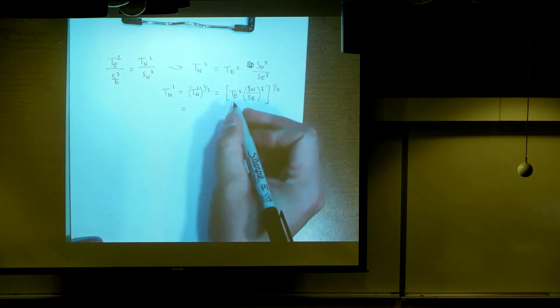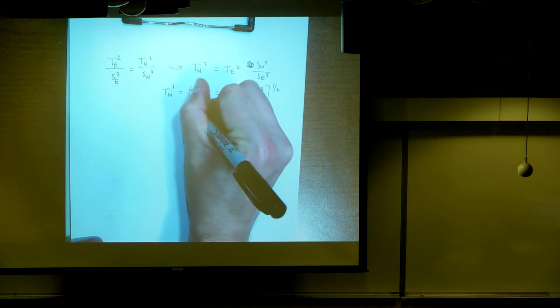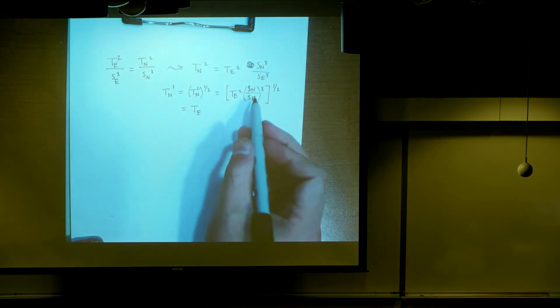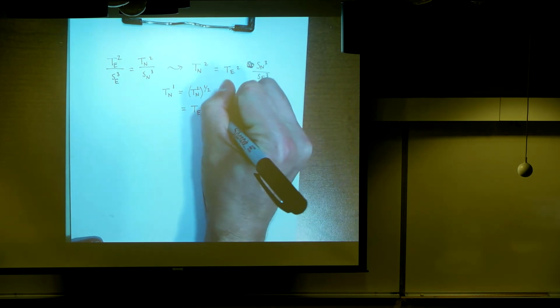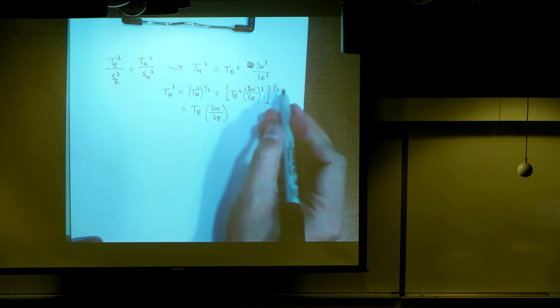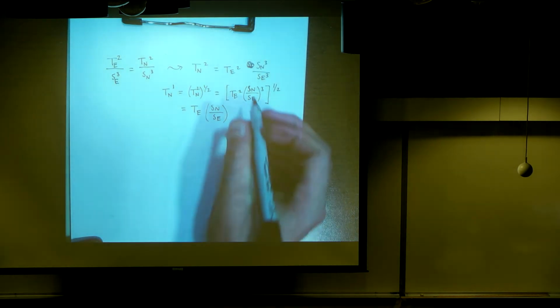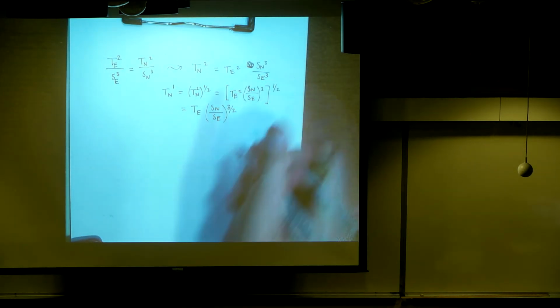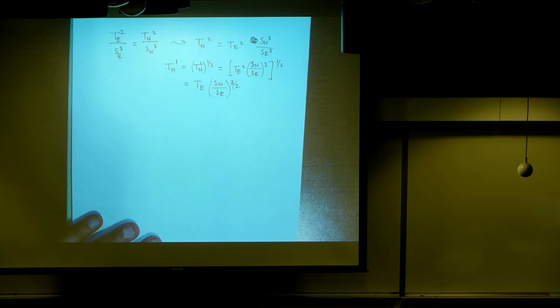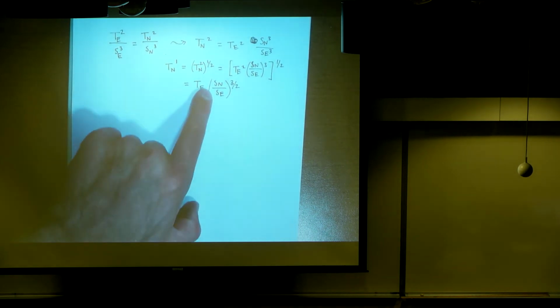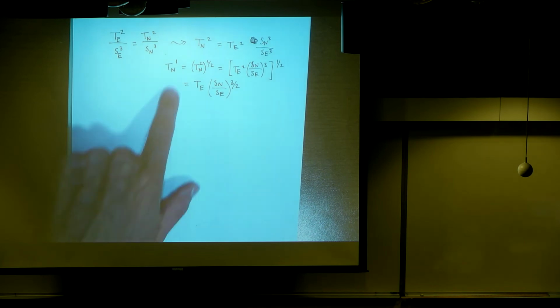Te squared to the 1/2 power just gives us Te. Then Sn divided by Se to the third power, taken to the 1/2 power, is the same as the 3/2 power. Kind of looks like Tennessee.